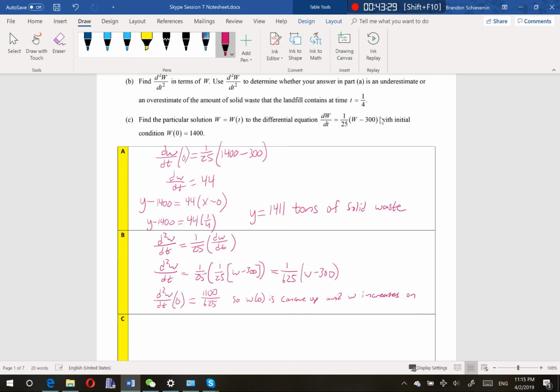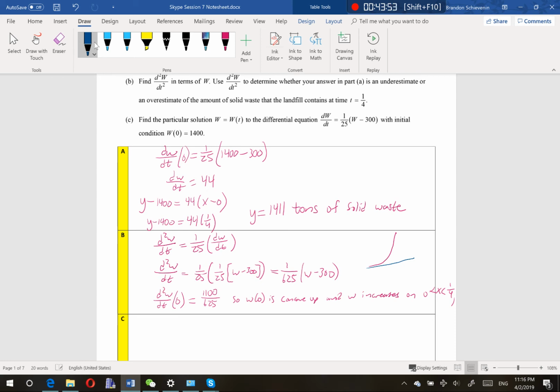So do you think we overestimated or underestimated with our tangent line? Underestimated. Underestimated, perfect.